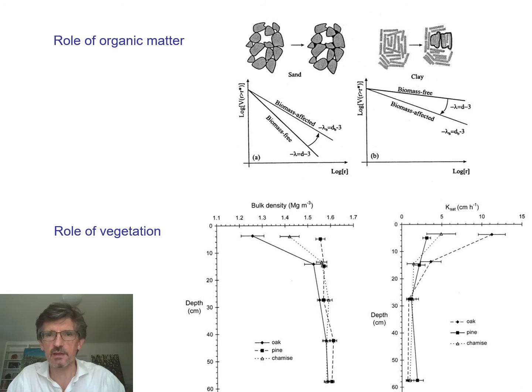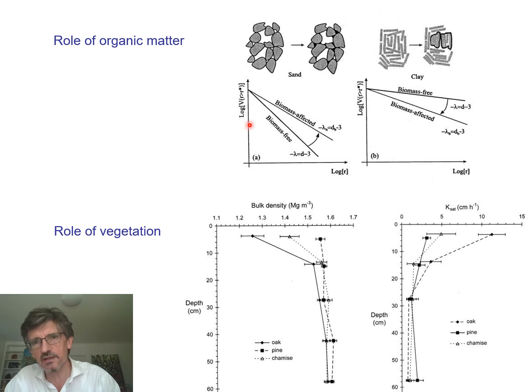This is another example of how the pore size distribution changes as we add organic matter, in the case of sand and in the case of clay. The pore size distribution is plotted here in log-log scale, so it becomes a straight line because of the two logs, if you start from a model that is a power law.